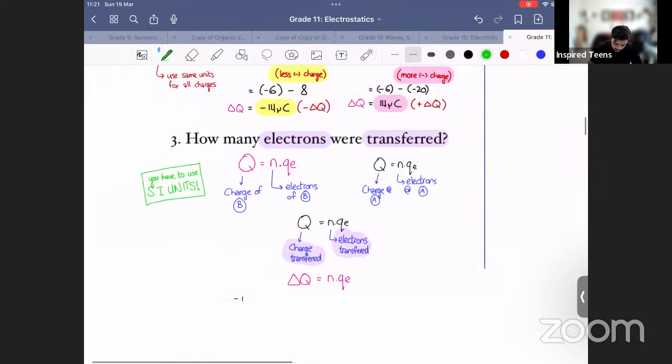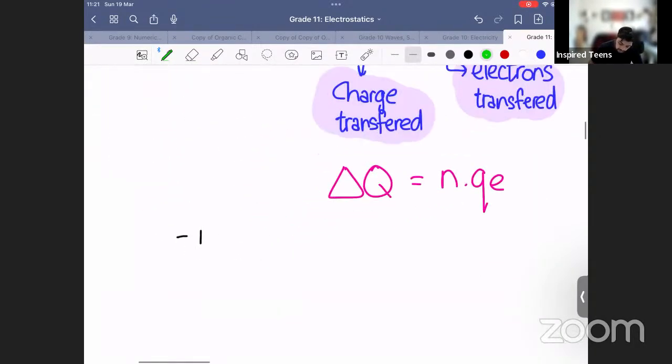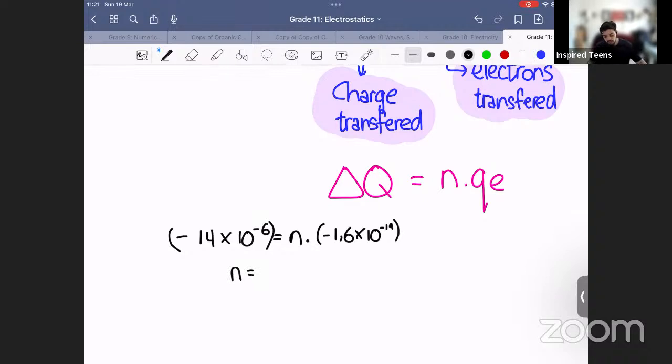The last one, you have to use SI units. So what is it? Negative 14 becomes negative 14 times 10 to the negative 6 is equal to N, number of electrons, times QE. Because this is negative, you're going to substitute a negative QE. And you get N here as, let's just do the calculations.